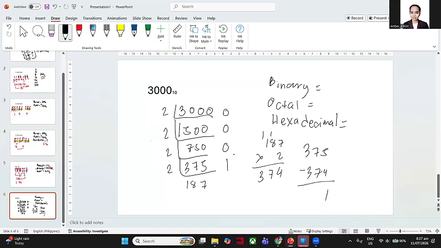So we have a remainder of 1. Always remember, if you want to make sure there's a remainder, multiply the quotient by 2, just like we did, then subtract the product from the 375.